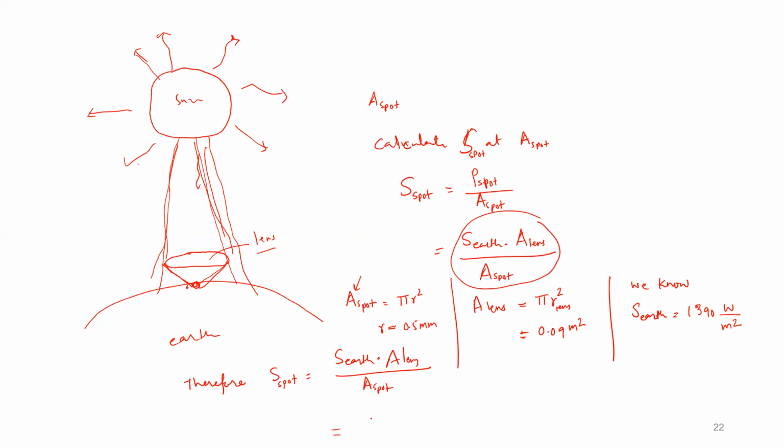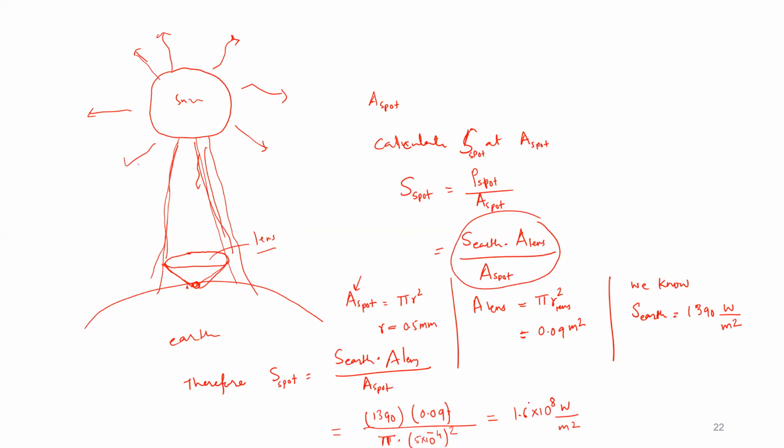And that is equal to 1390 multiplied by the area of the lens, 0.09 meter squared, divided by pi multiplied by r squared. r is your 0.5 mm, so 5 into 10 to the power minus 4, and you have to take the square. That comes out to be about 1.6 multiplied by 10 to the power 8 watt per meter squared.